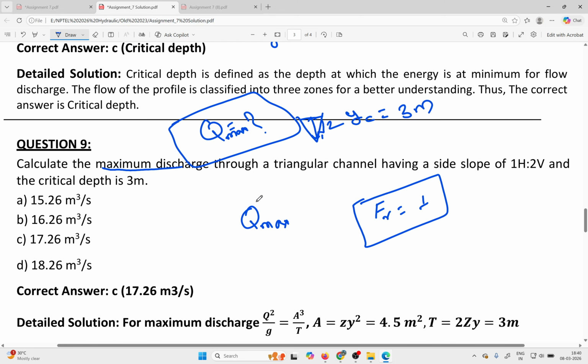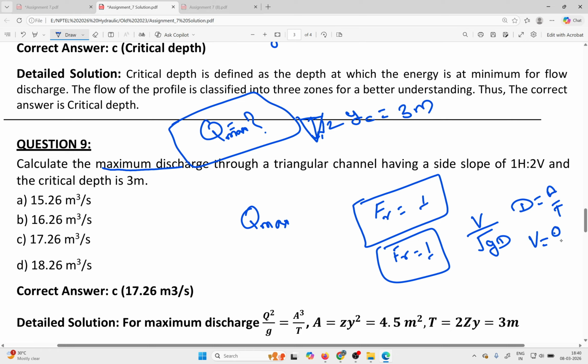We'll follow that when the flow is critical, Fr value is 1. What is Fr? V by root of g D. What is D? A by T. What is V? Q by A.